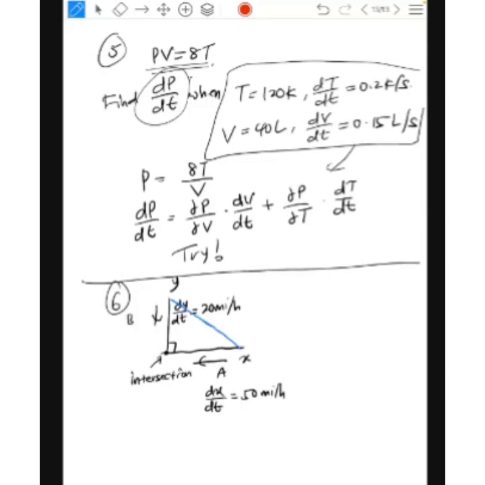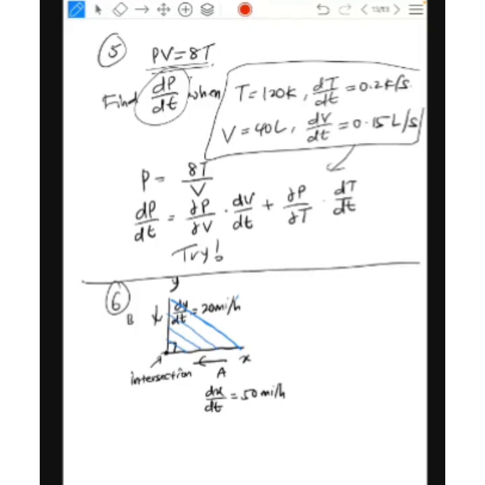Pythagoras here. Because as the lorries approach the intersection, the distance will be decreasing.